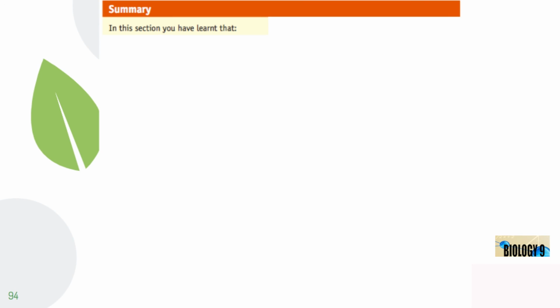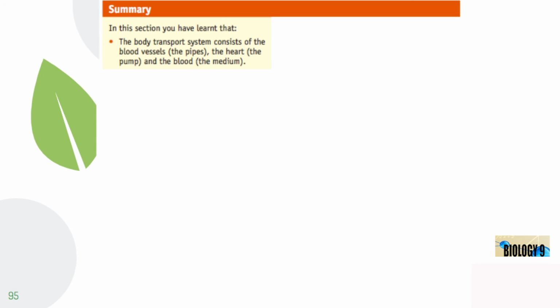All right, this is 3.5 now, the end of this unit. In this unit so far, we've learned quite a lot. But in this particular subsection of the unit, we have learned that the body transport system consists of blood vessels, the heart, and the blood.